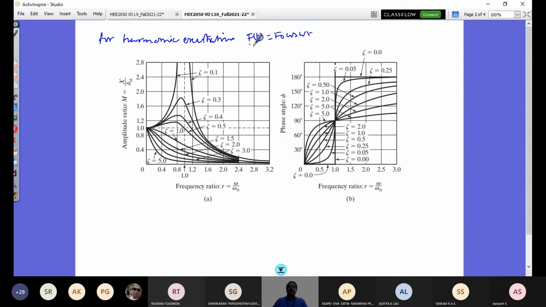If we have this and the magnification factor, as in the last class, when zeta value is 0, the magnification factor at ratio 1 is going to go to infinity. I have put this diagram from the textbook so that you would have clarity. We discussed the same in the last class.